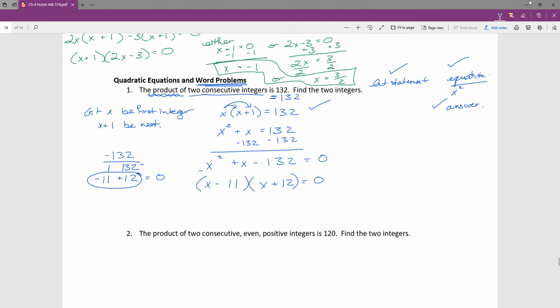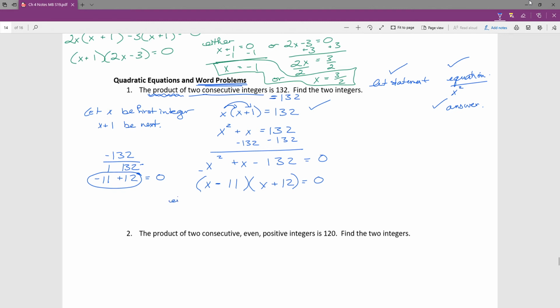Certainly, if you still want to factor through decomposition, you'll need to pause the video right now or use another piece of paper. You should end up at the same place as I am here with x minus 11 and x plus 12. So we've factored this. Now the second step in solving these quadratic equations is the zero product principle.